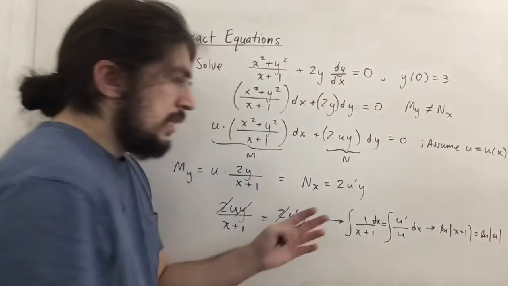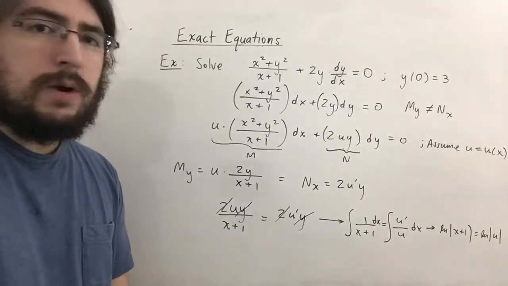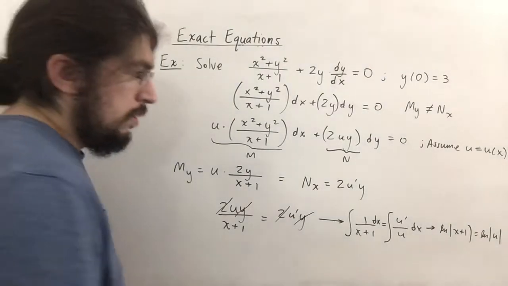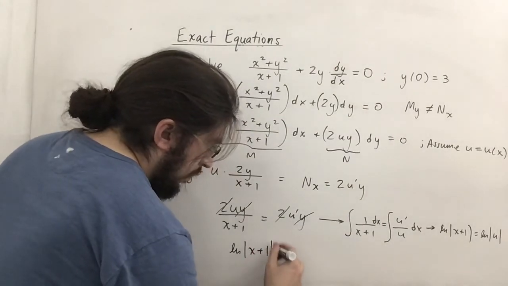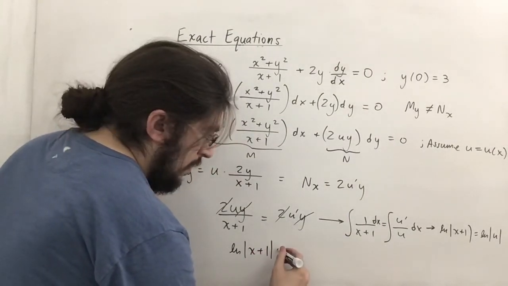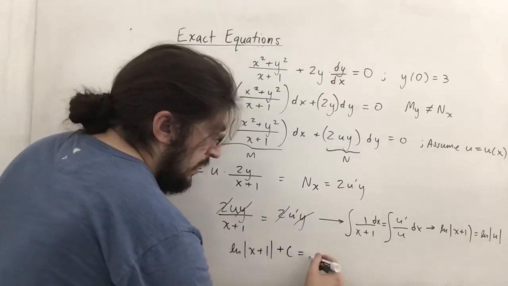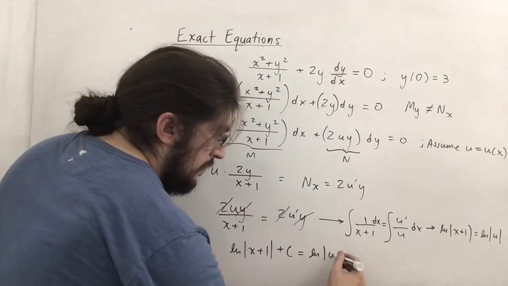And then of course plus a constant on each side, which I'll just write on one side. So we have ln of x plus 1, plus c, is equal to ln of u.